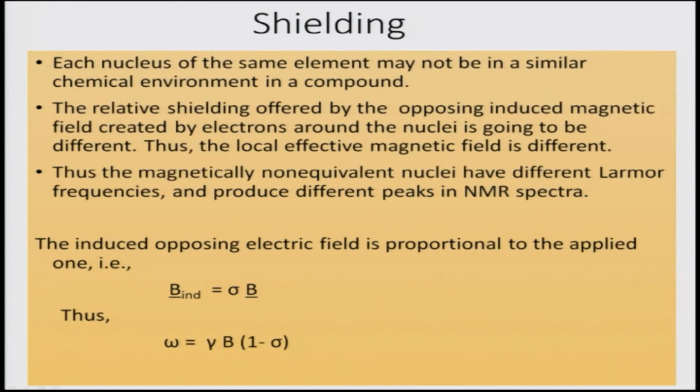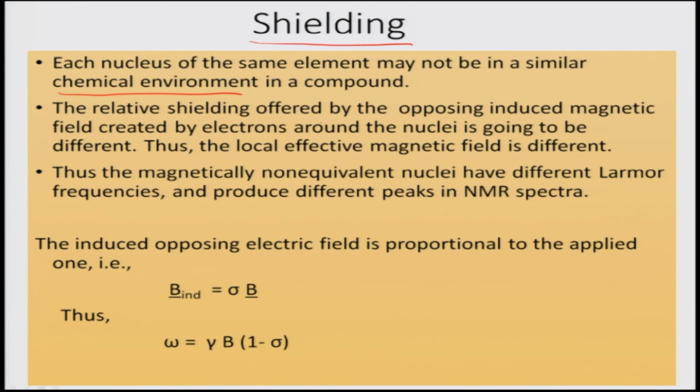Now, the same principle, which is otherwise known as shielding, is the one which is utilized for this entire process. A few more words about this principle that I just discussed. Each nucleus of the same element may not be in a similar chemical environment in a compound. This is the basic idea behind whatever I was discussing until now.